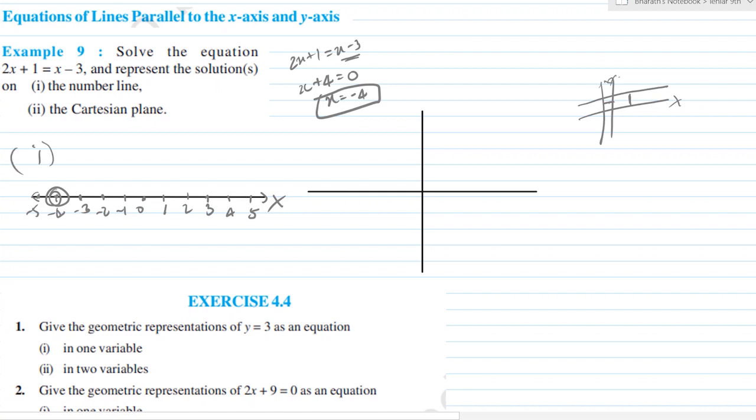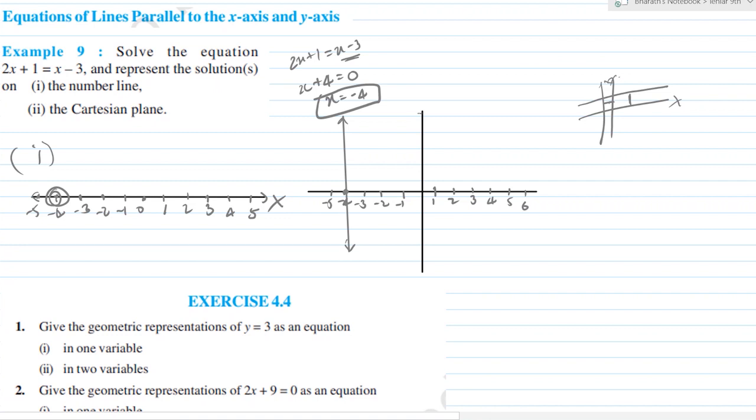And in the Cartesian plane, same thing: 1, 2, 3, 4, 5, 6, minus 1, minus 2, minus 3, minus 4, minus 5, right? Here it's this point, right? This must actually be parallel to this axis, but I could not do it perfectly, so you will use your scale and pencil, right? So just draw a parallel line. This is not completely perfect, but you have to do it.